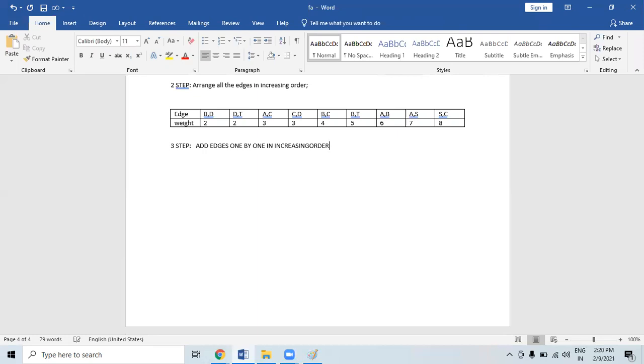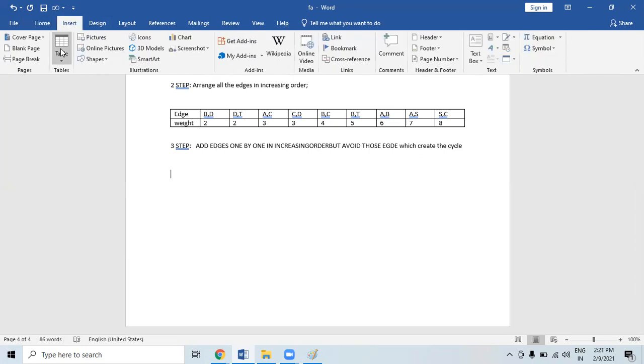But we have to avoid those edges which create a cycle, which form a cycle. Okay, so let's draw a table again here. For this, let's insert the table.